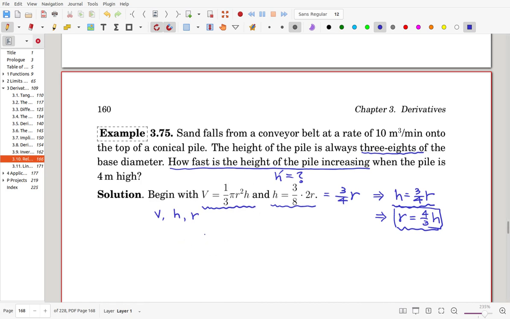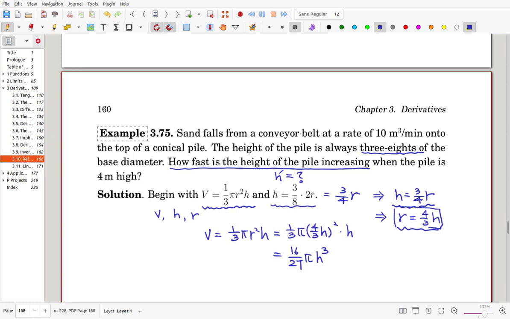So V equals 1/3 pi r squared h, which is the same as 1/3 pi times (4 over 3 h) squared times h. In constants, there's 16 over 27 pi, and h cubed.